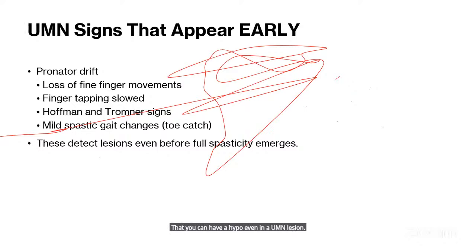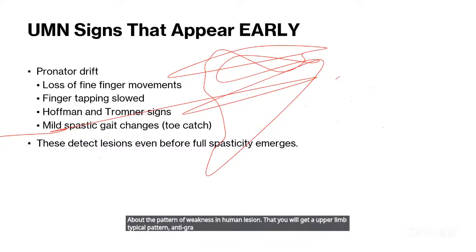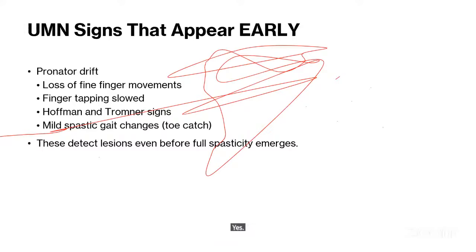Okay. Then what all are the patterns of weakness? Like you discussed about the pattern of weakness in UMN lesion, that you will get a typical upper limb pattern, where anti-gravity muscles will be affected. But what else are the other patterns of UMN weakness that you can get? Upper limb and face can be involved, ma'am.